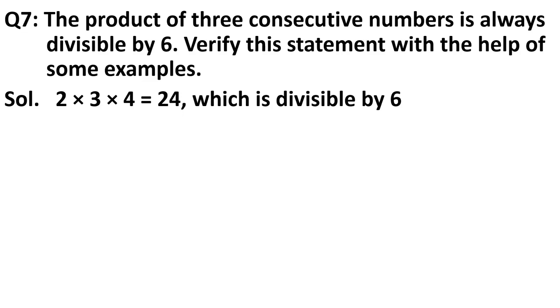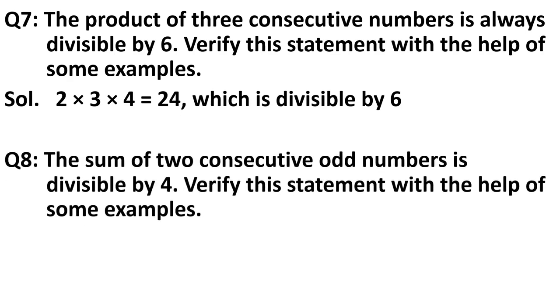You have to do this question in the homework by taking another example. Take any other 3 consecutive numbers, find their product and check whether it is divisible by 6 or not. Now see question number 8. The sum of 2 consecutive odd numbers is divisible by 4.